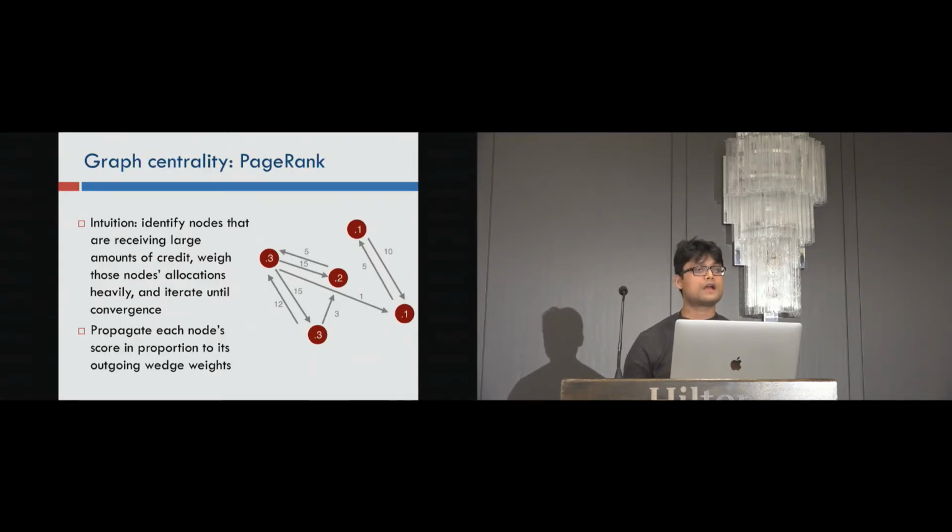We further applied graph centrality algorithms such as PageRank, and the intuition behind that was to identify nodes that are receiving large amounts of credit, weigh those nodes' allocations heavily, and iterate until convergence. One of the reasons for that was also to propagate each node's score in proportion to its outgoing edge weights.